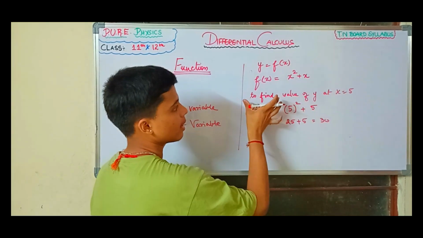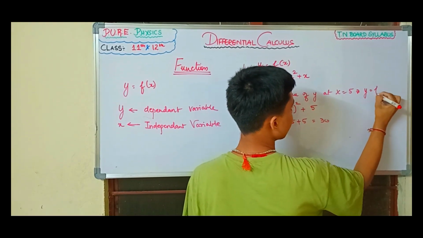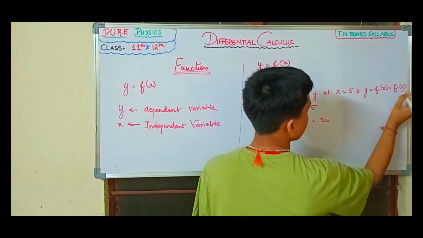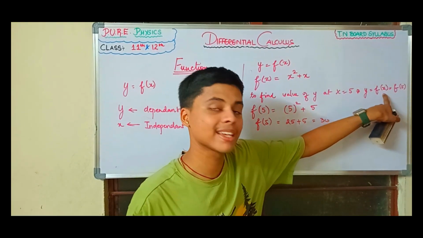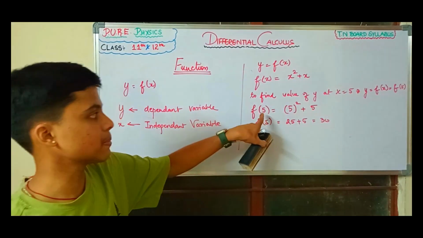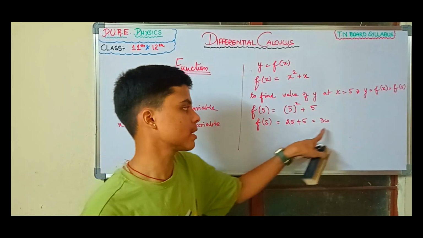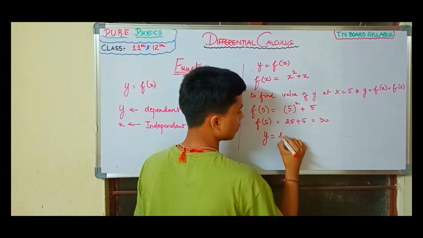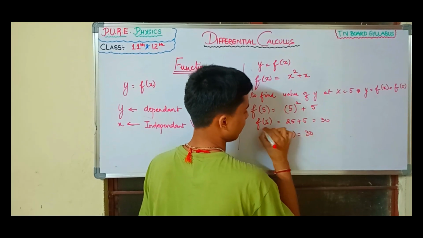My question is y is equal to f of x is equal to f of 5, because they have asked me to find the value when the value of x is 5. So when I substitute in the place of x the value 5, I'll be getting f of 5 is equal to 30. Therefore, my y value will be equal to f of 5, which is 30.